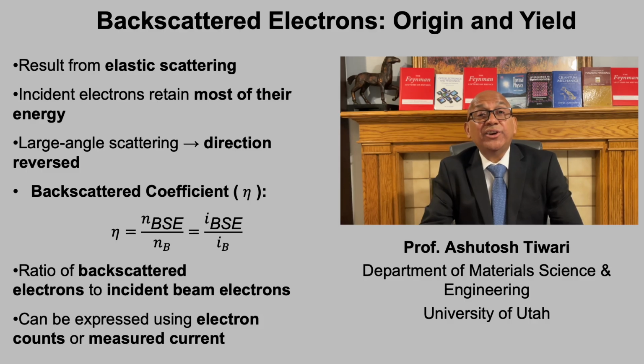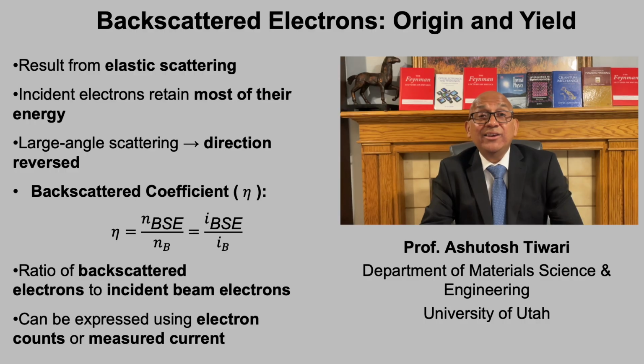An important characteristic of backscattered electrons is that their yield increases monotonically with atomic number. Heavier elements scatter electrons more strongly, leading to a higher probability that electrons are backscattered. This strong and monotonic dependence on atomic number is what gives rise to Z contrast in backscattered electron images, allowing compositional variations to be visualized directly.